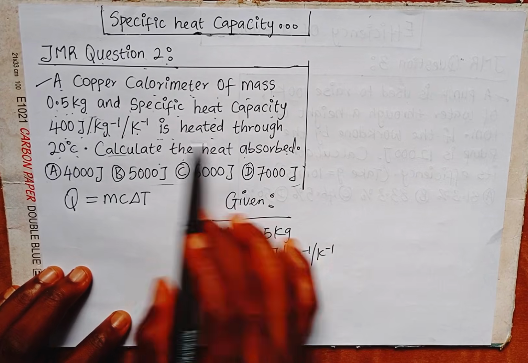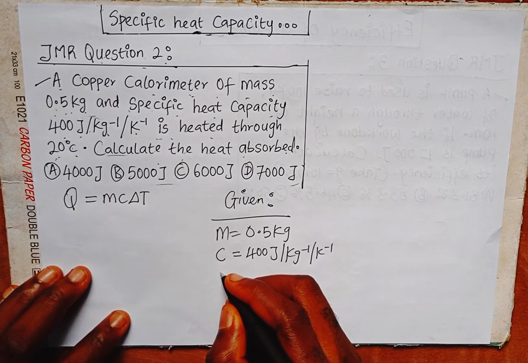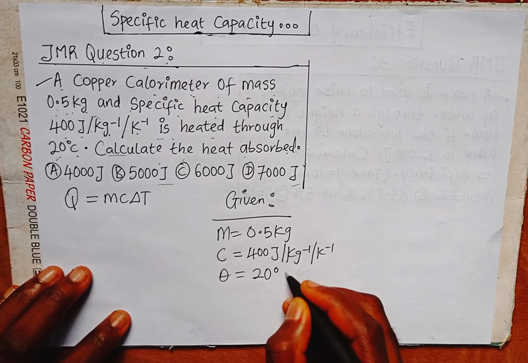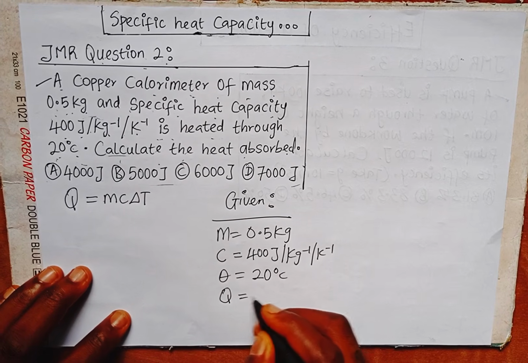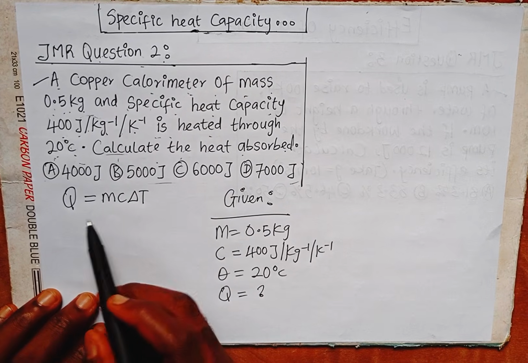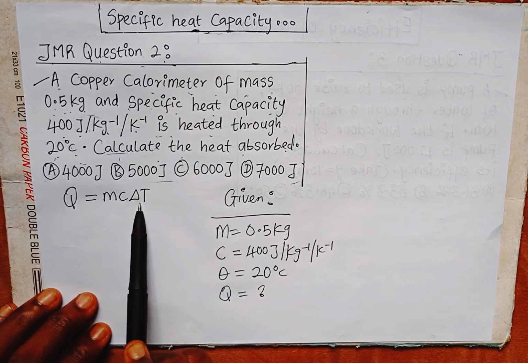It is heated through a temperature of 20 degrees Celsius. They only give us one temperature, theta equal to 20 degrees Celsius. They ask us to calculate the heat absorbed, so quantity of heat is equal to question mark. The formula is Q equals MC times change in temperature.